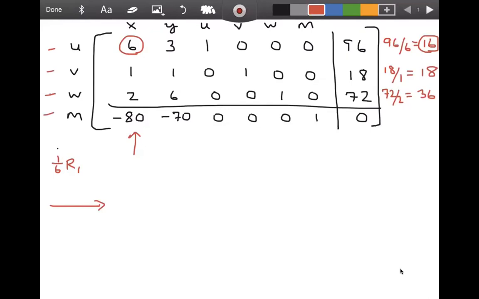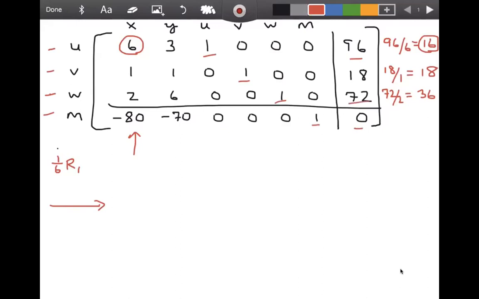If I were to read the solution off the tableau that I have, those are the variables that correspond with columns that look like an identity matrix. So if I was going to read a solution off this, I would cover up the X and the Y column, and then my solution would be U equals 96, V equals 18, W equals 72, and M equals 0.